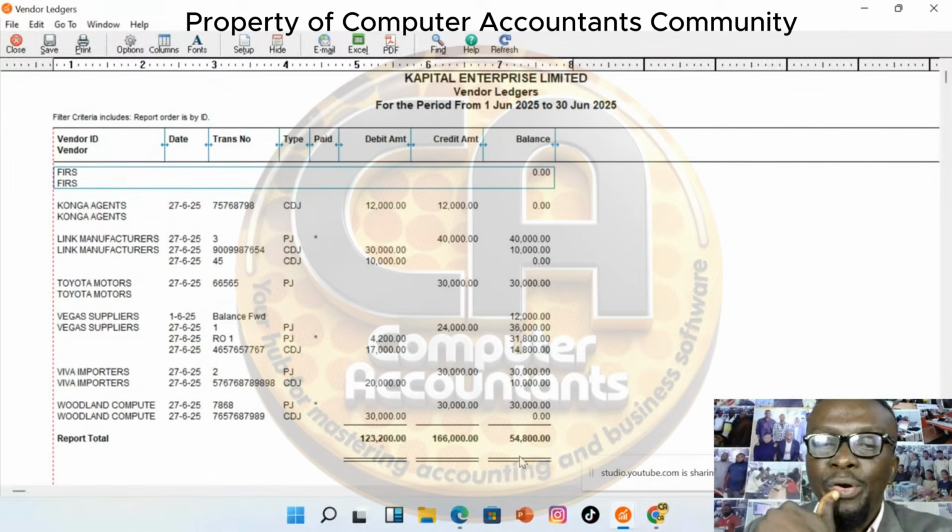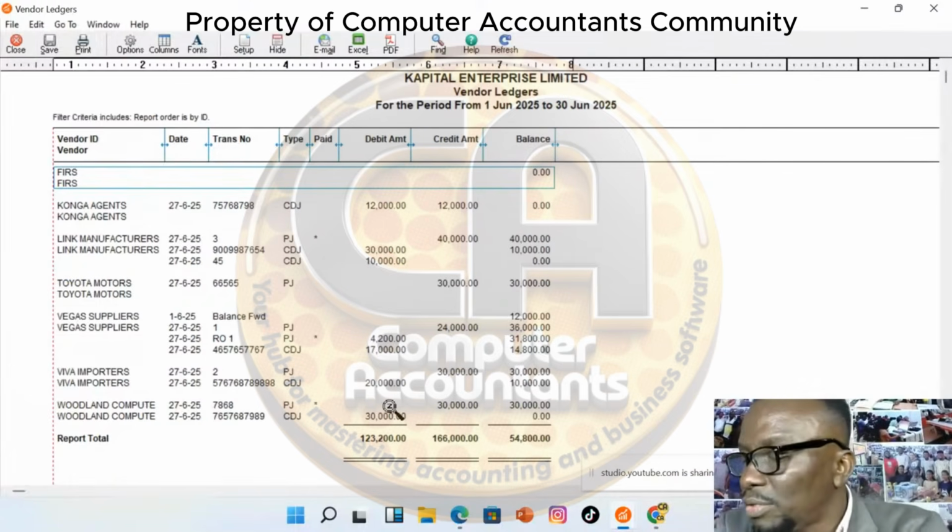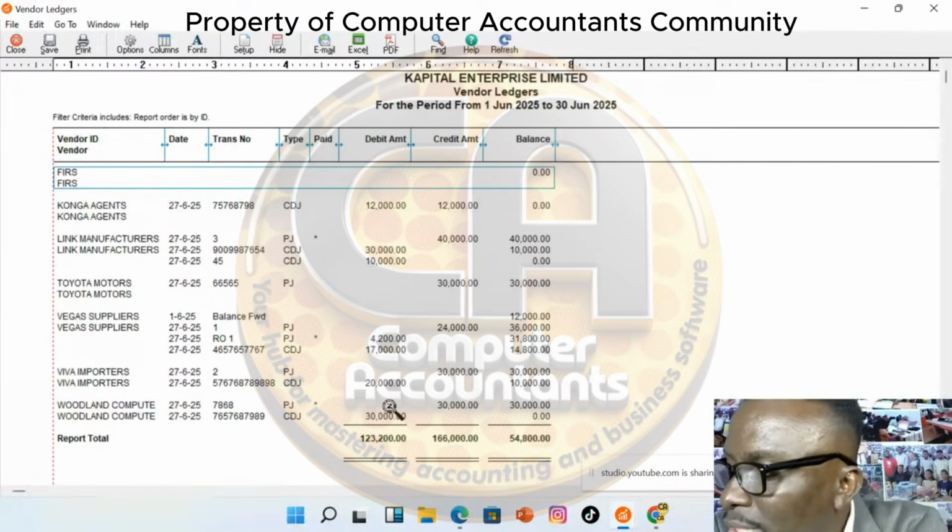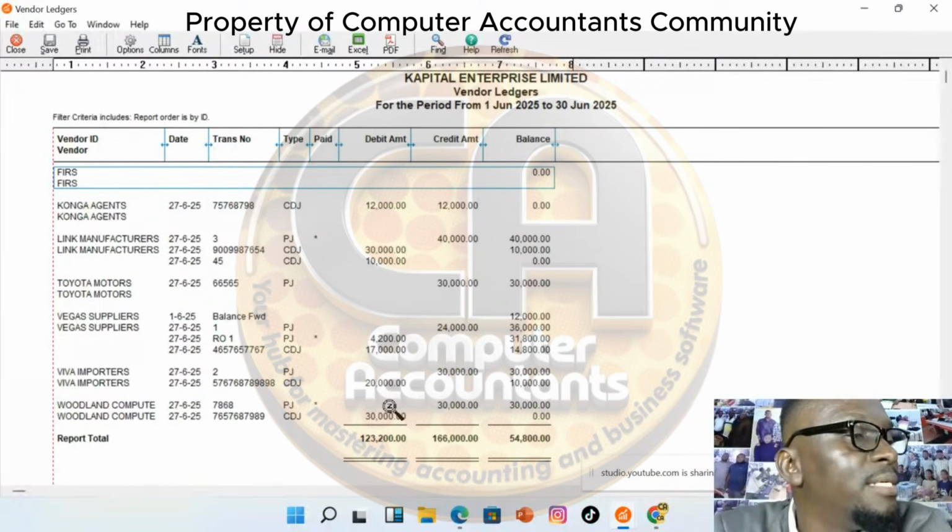The total debt we are owing is 54,800 from these three. The agent is showing zero. Woodland is showing zero because we have finished paying Woodland. We're not owing anything to the agent. Now, the last two questions say Woodland Computers was paid.